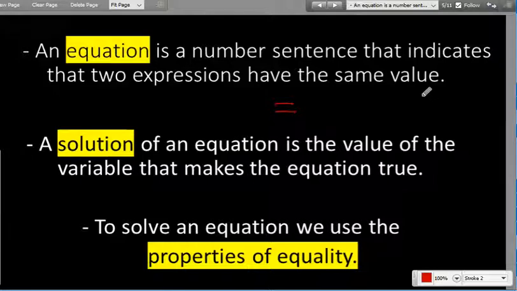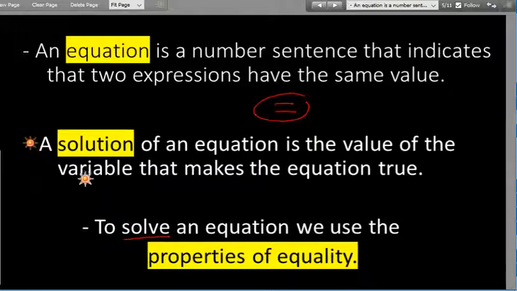The last few lessons we've been dealing with expressions, and we know that expressions do not have equal signs. With expressions, you can simplify and you can evaluate, but you do not solve expressions, okay? Equations have equal signs, and we always solve an equation, okay?